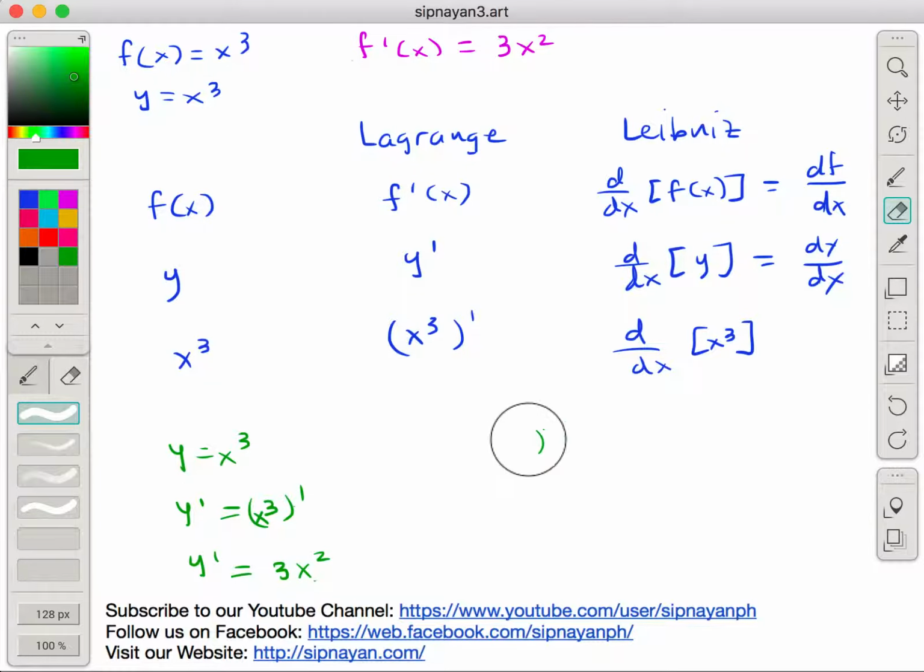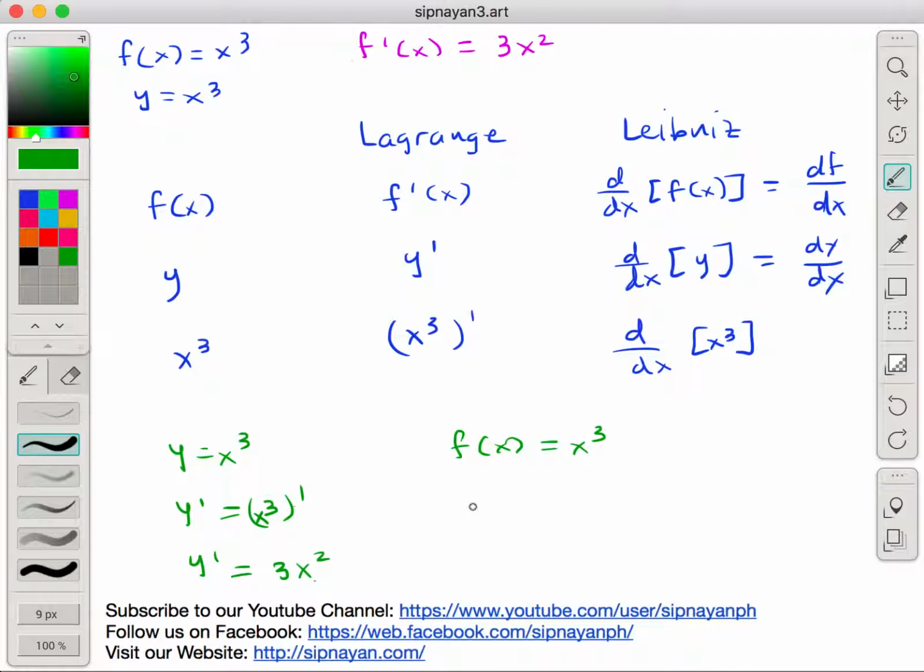Now, kung gagamitin natin, for example, yung f of x, tapos gagamitin naman natin yung kay Leibniz. So yung original function natin ay f of x equals x cubed. If we use Leibniz notation, so pwede natin sabihin d dx of f of x equals d dx of x cubed.